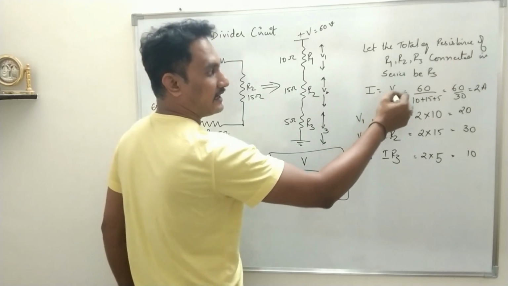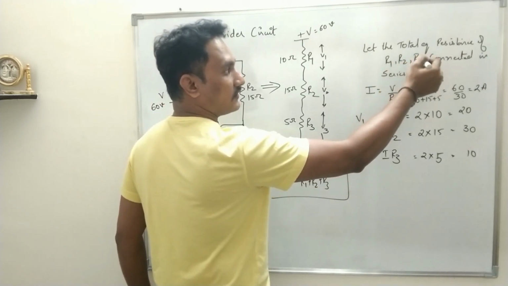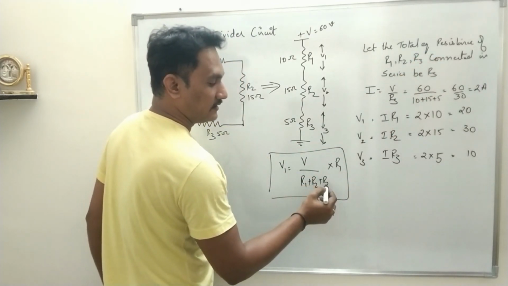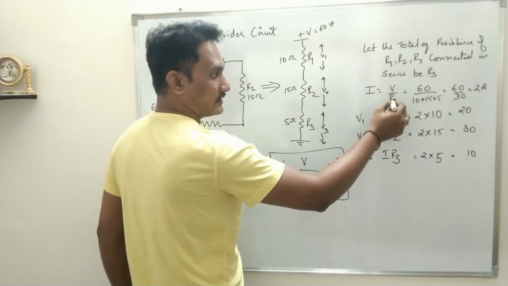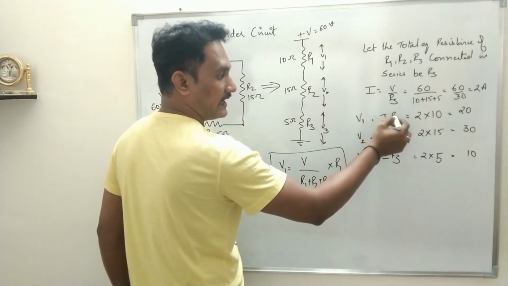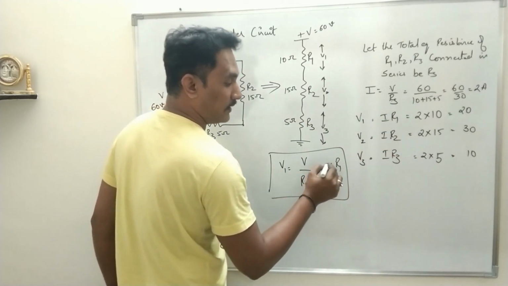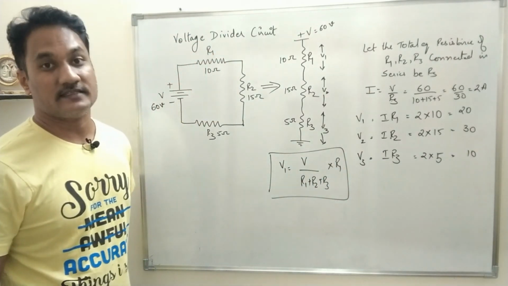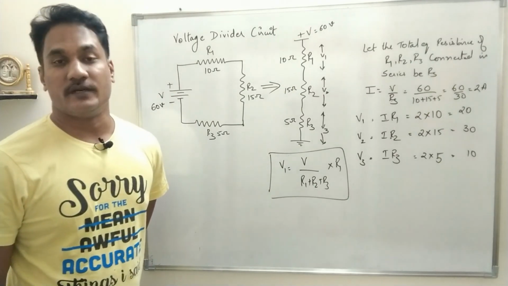What is I? I is V upon RS. What is RS? RS is the total equivalent resistance of R1, R2, R3 connected in series, which is R1 plus R2 plus R3, right? And so total voltage divided by total resistance, that is what I is, and I multiplied by R1. So total voltage divided by total resistance multiplied by the resistance across which voltage is taken. This is how we remember the voltage divider circuit arrangement.